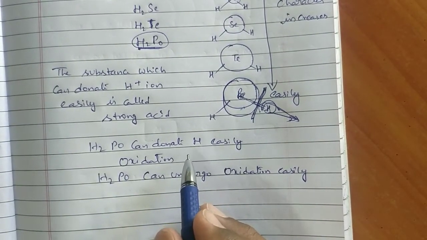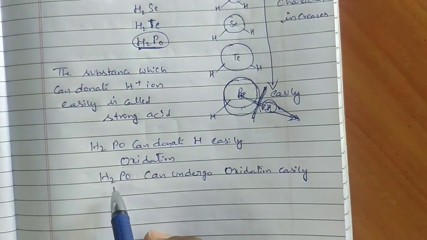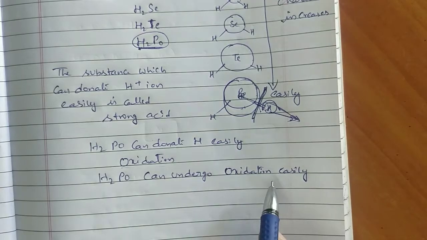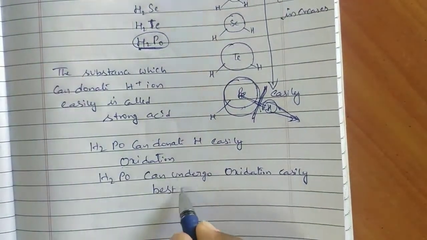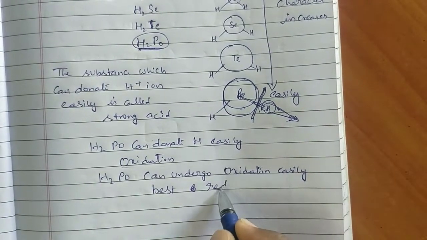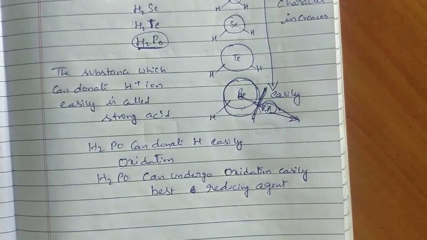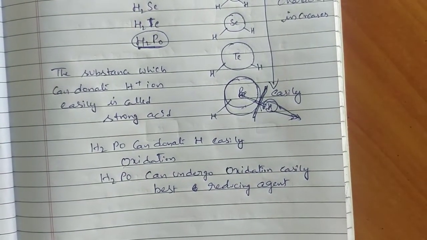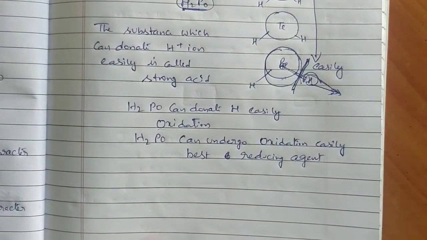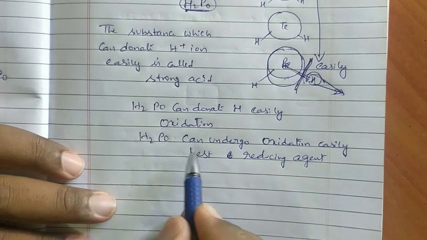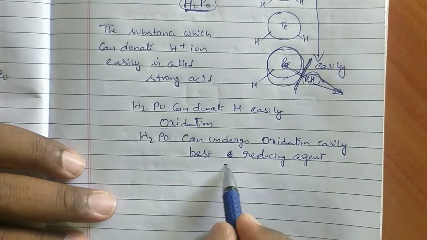The substance which can donate H easily will undergo oxidation easily. The substance which can undergo oxidation easily is the best reducing agent.